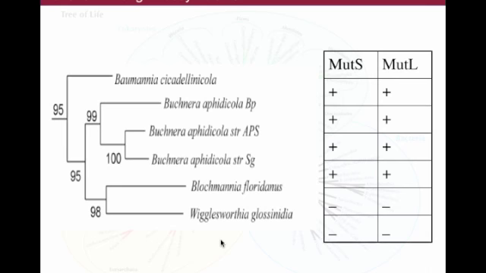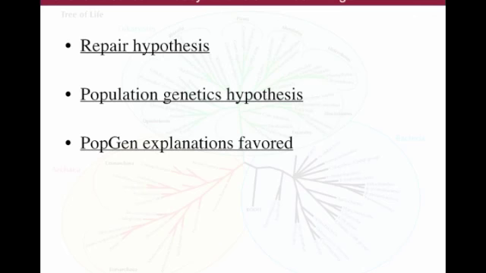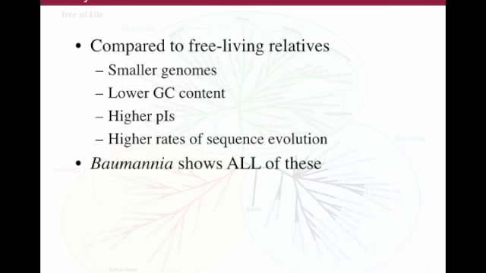So it turns out, I lied to you a little bit. These are not a perfectly correlated set of features. There are some endosymbionts that don't have lower GC content than their free-living relatives. It's very rare.